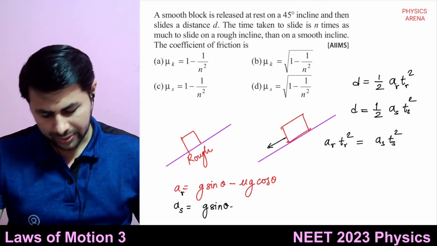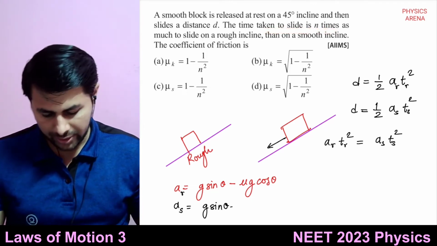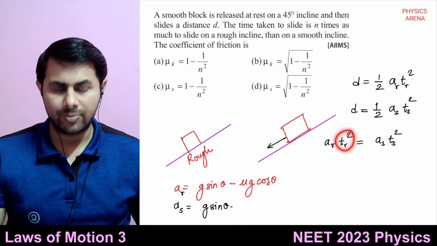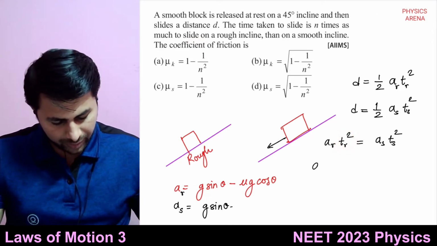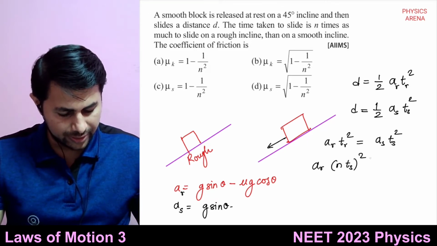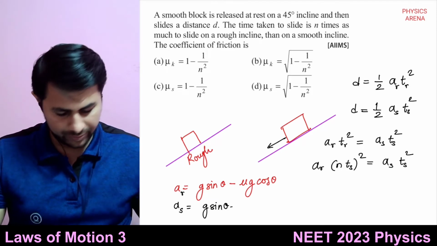And it is given that the time taken to slide is n times on the rough incline than the smooth incline. So time on the rough incline is n times that of the smooth incline. So TR square is n square times TS square.